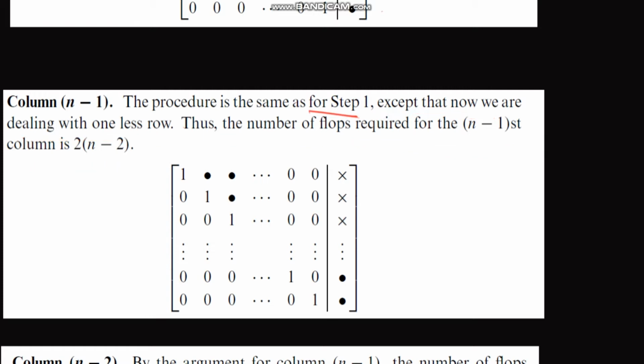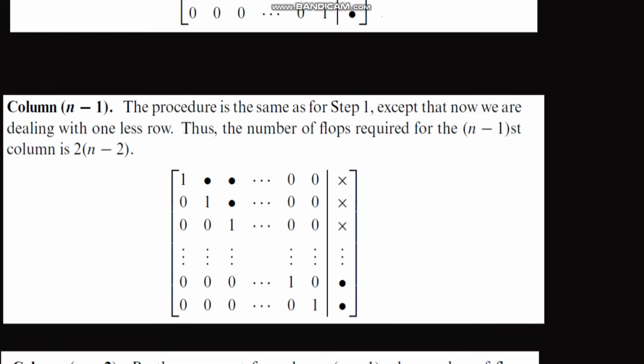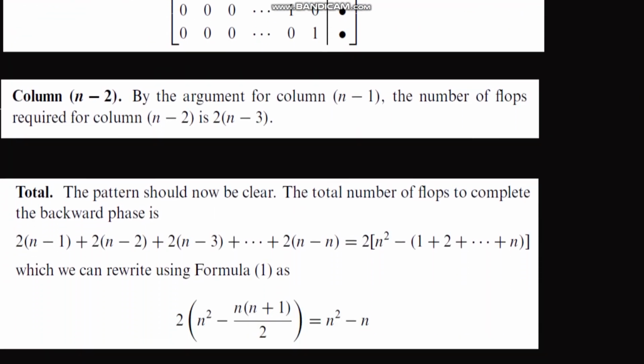If you keep this process going, you have to think about how many rows there are, and repeat this process up to n minus 1 times. In the next column the number of flops would be 2 times n minus 3.